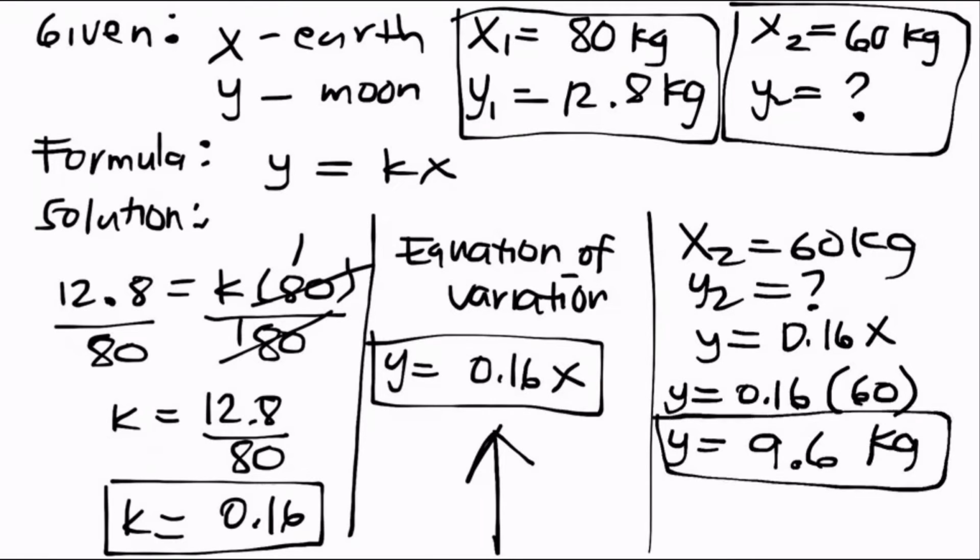Therefore, this is our final answer for this problem of direct variation. So please have a copy of this solution. You may pause the video to copy everything and to check whether you truly understand the idea of solving word problems involving direct variation.